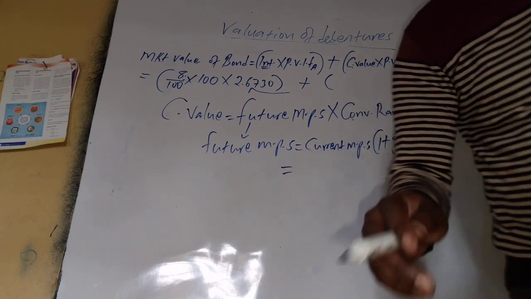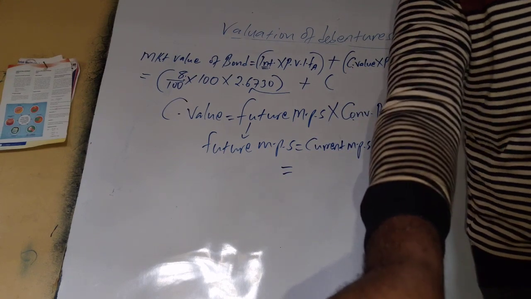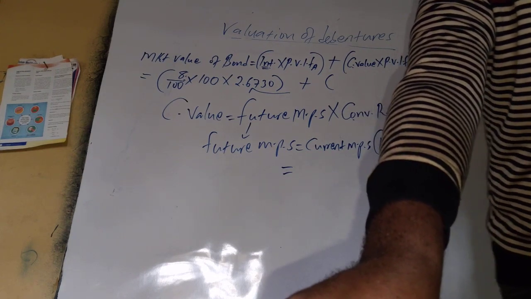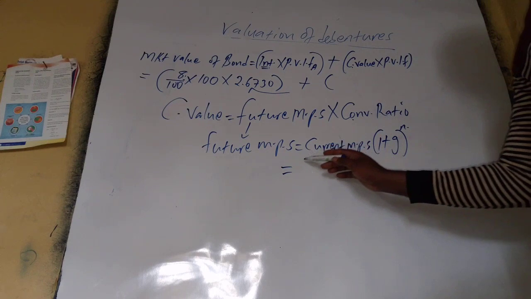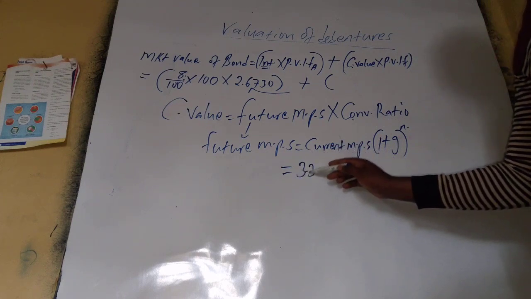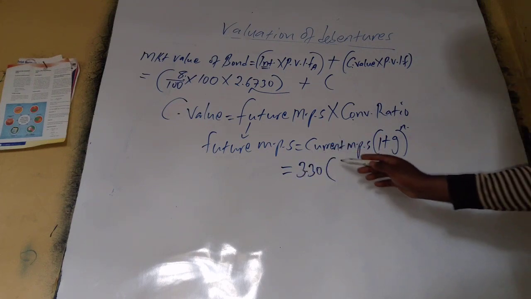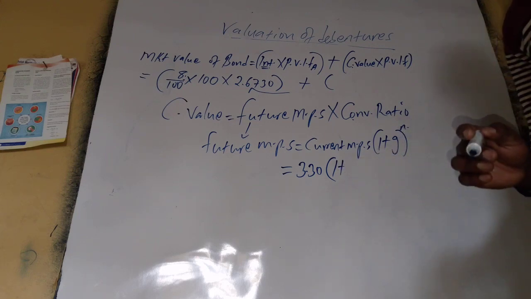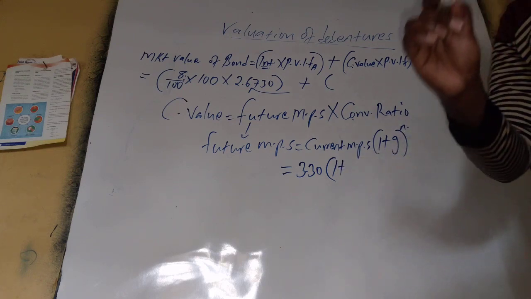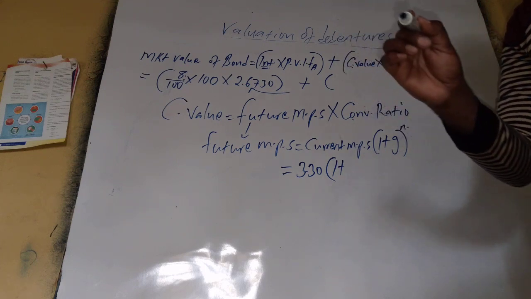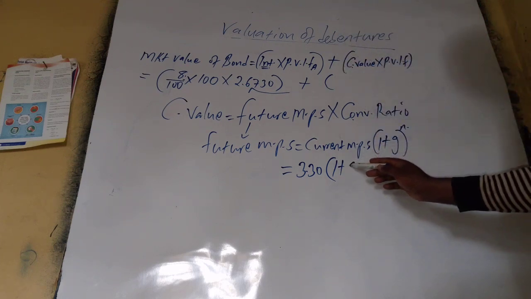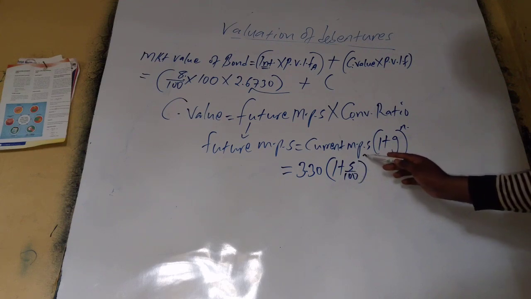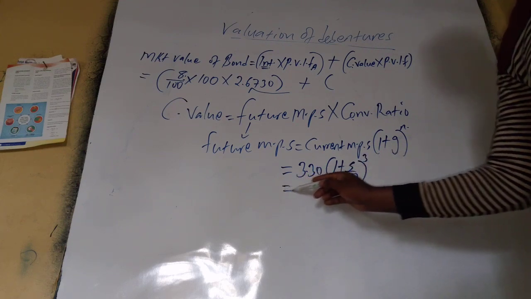My current price, according to the question, we are being told the current market price per share is shillings 3.3. Then 1 plus growth. We are being told that this is expected to grow at a rate of 5%. So I'm going to add 5%, and it is taking 3 years.